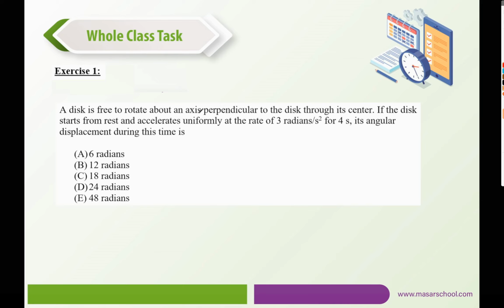A disk is free to rotate about an axis perpendicular to the disk through its center. It starts from rest, which means that omega 0 is 0, and accelerates uniformly at the rate of alpha, which is 3 radians per second squared, for t equal to 4 seconds. What is the angular displacement?